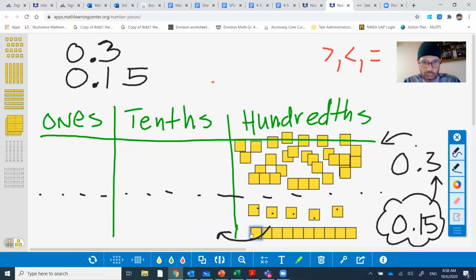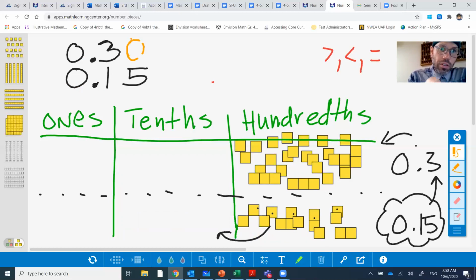So now you'll see we actually have 15 hundredths down here, which makes sense. And up here we have 30 hundredths. So to help me compare that value, we realize that this 3/10 is actually the same thing as, put a 0 here as a placeholder, 30 hundredths.